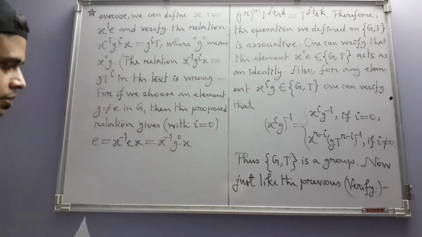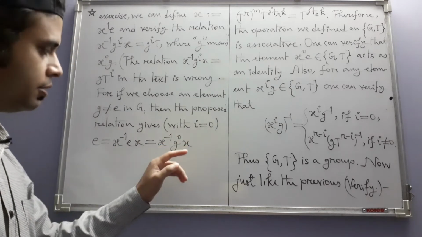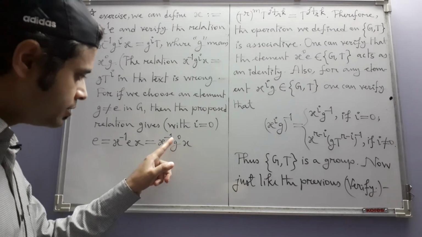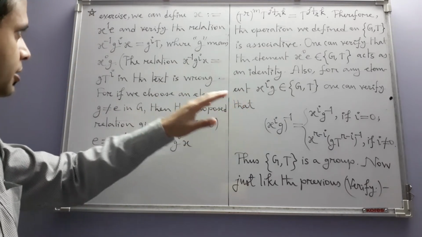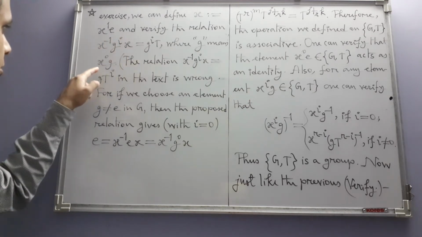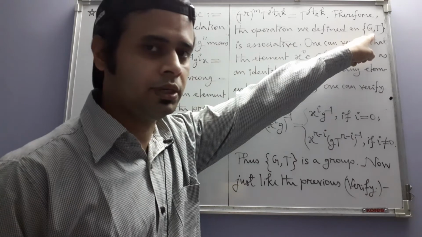And now when we write, in place of E, G to the power 0, you should interpret this G as not just simply the element G of the group capital G, but this symbol in the other group that we have constructed.